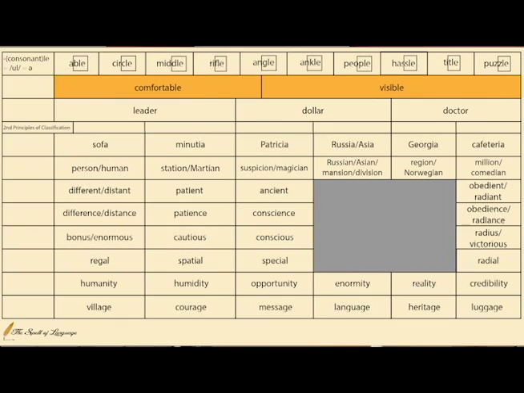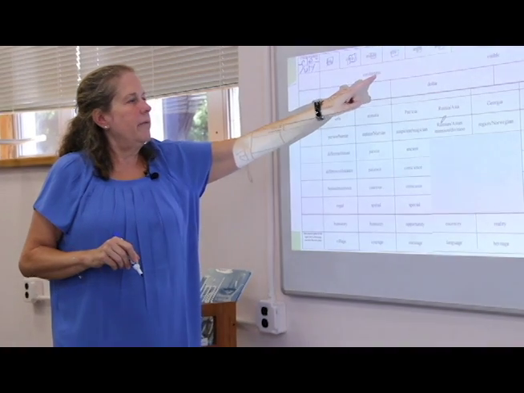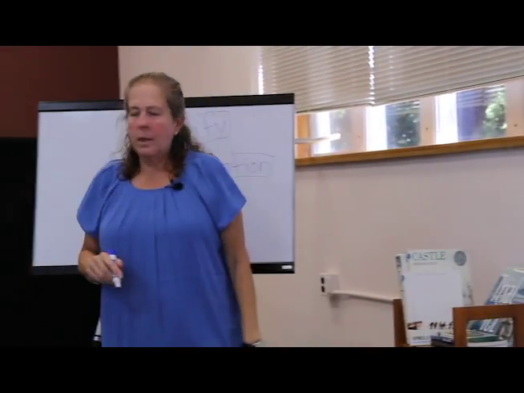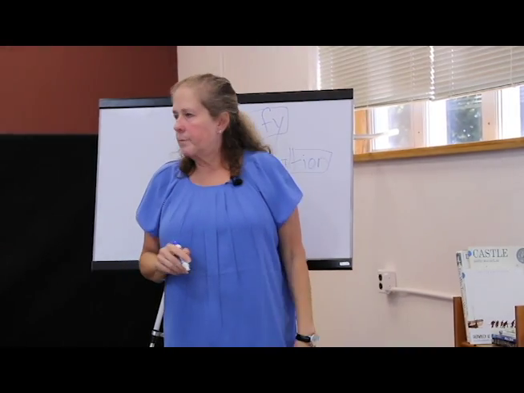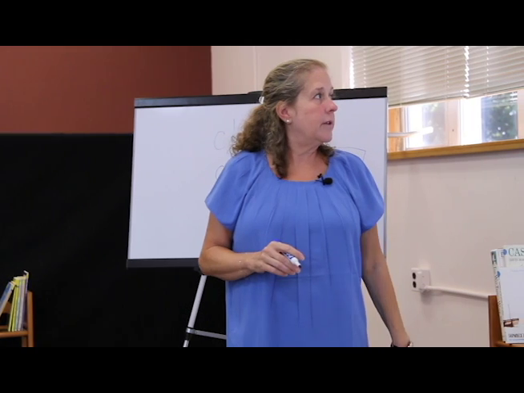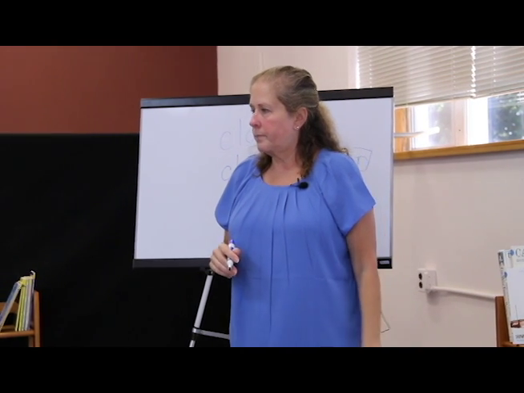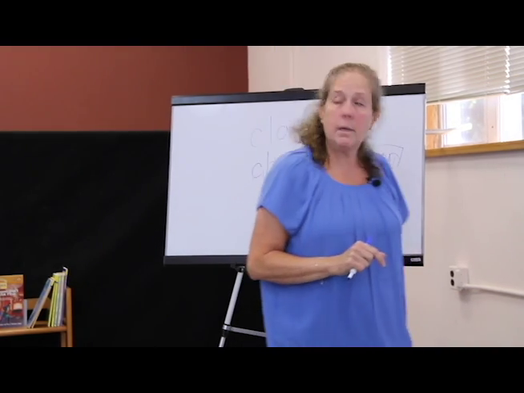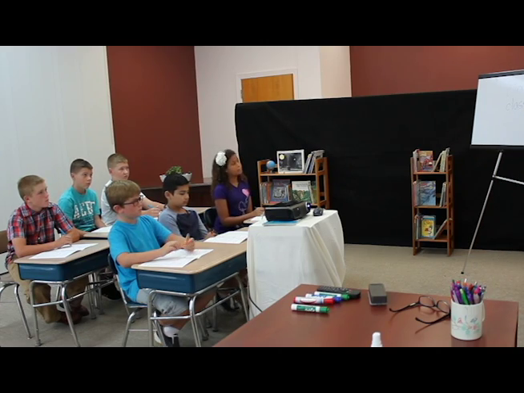Right before the BLE, there's an A before this one and an I before this one. So it says able. Very common endings. Comfortable, visible. So those ABLE and IBLE both say able.